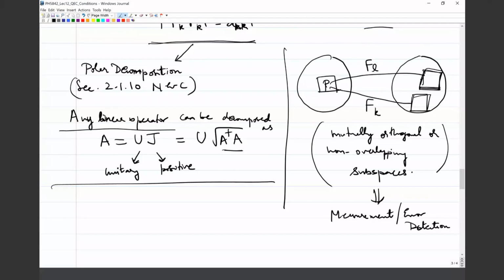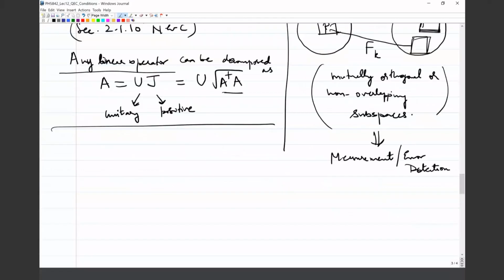So what happens if we do a polar decomposition of these error operators? And I'm going to do a polar decomposition not of just the error operator itself, because I don't so much care whether the error operator itself is unitary or not. That will be a bonus.